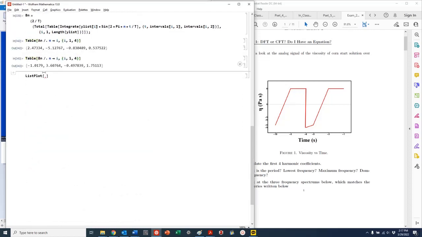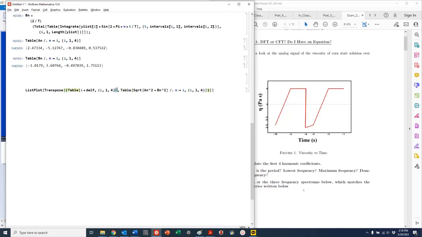And then I could do this plot, and I could do transpose of a table of I times del f, where I goes from 1 to 4, and I want to transpose this with my table of square root of A sub n squared plus B sub n squared, where I goes from 1 to 4.